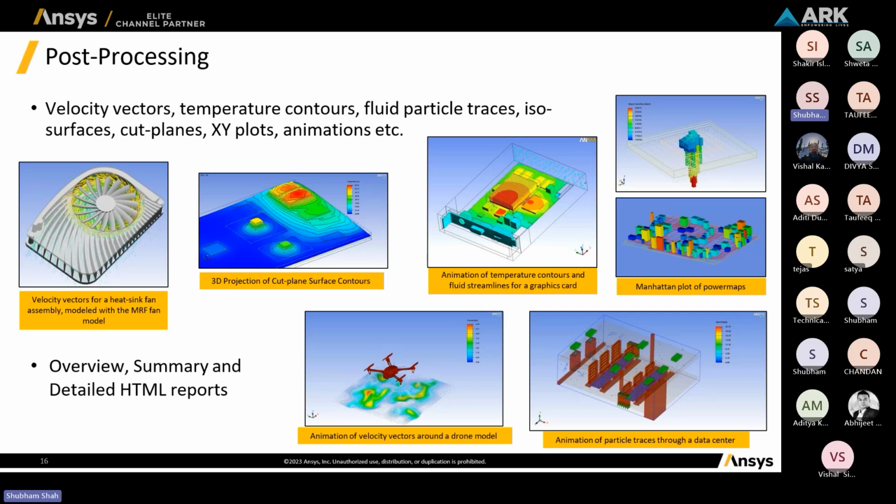All the graphical representations, whether it's your contour, a plot against time, a temperature graph, or your velocity vectors, come under post-processing. These are the different capabilities: velocity vectors, temperature contours, fluid particle traces, isosurfaces, cut planes, XY plots, and animations. These are various capabilities which are available.